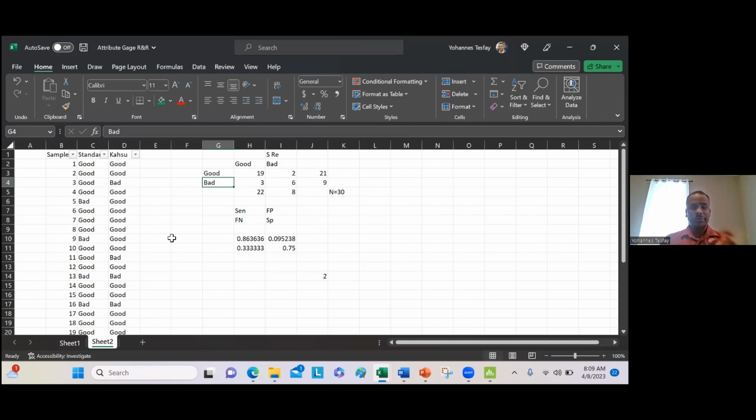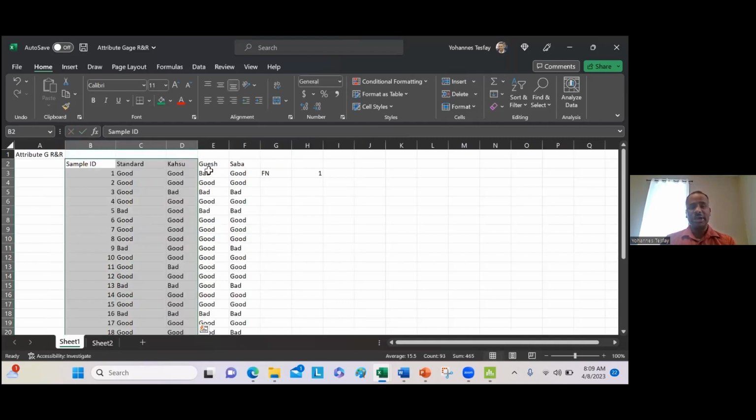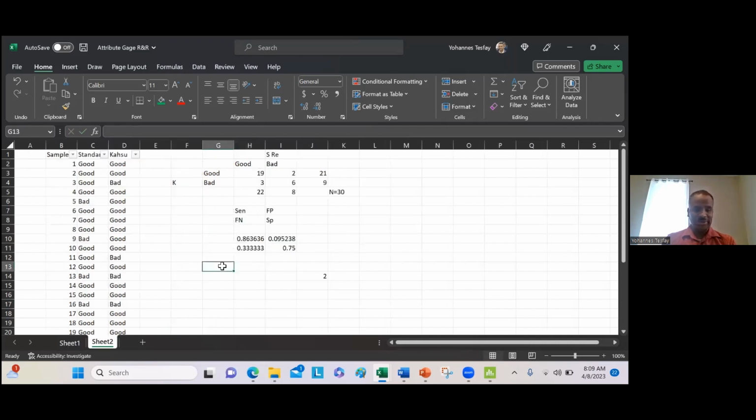You can do whatever you want to do based upon binomial or test of proportion or the same thing. Similarly, this is for cash, okay? Cash. You can do also the same thing for this guy or for this guy. Now, gauge agreement or kappa.